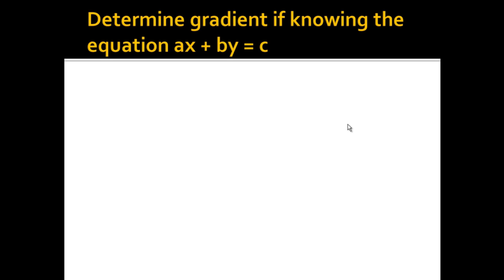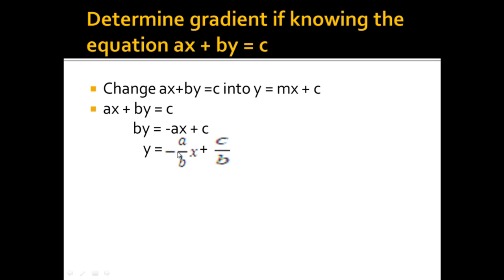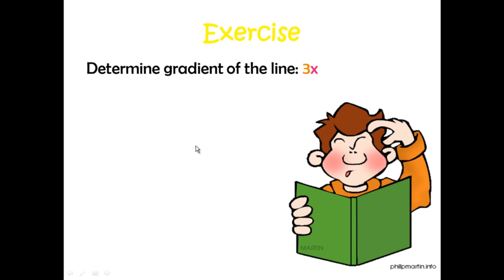How about if we know the ax plus by equals c, what is the gradient? We can determine the gradient by changing ax plus by equals c into y equals mx plus c. So the gradient is negative a over b. Examples.